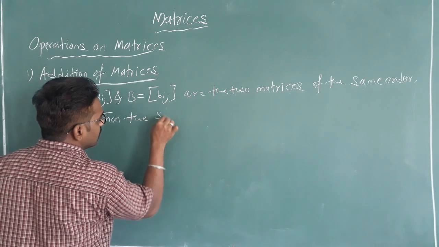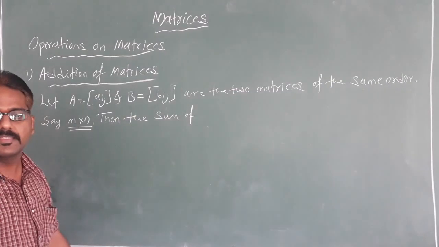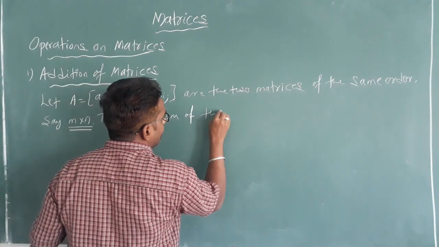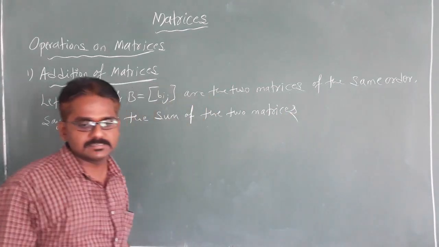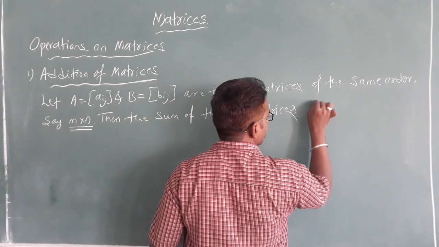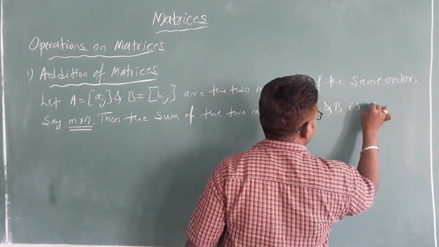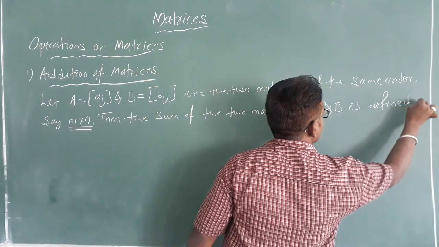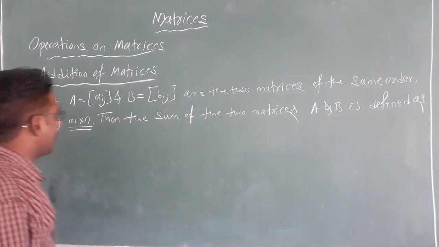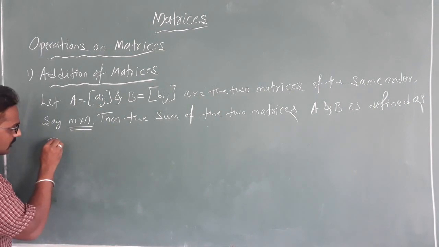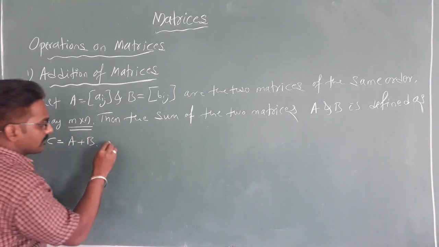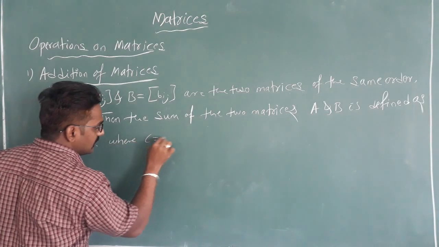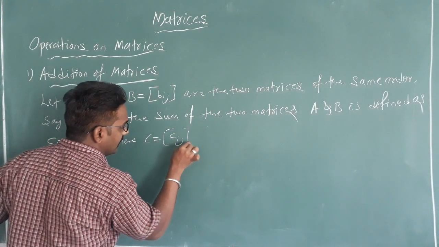Then the sum of the two matrices A and B is defined as C equals A plus B, where C equals Cij.